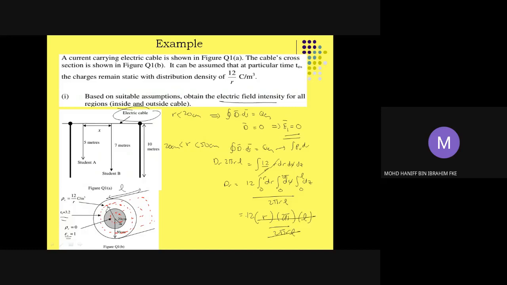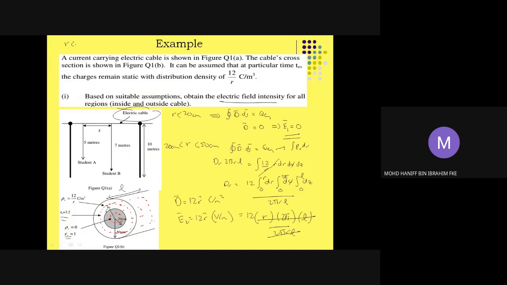We only have 12, which means the vector D will be 12 in the direction of r, coulombs per meter squared. Or we can just say E2 is 12 in the direction of r, volts per meter. So we have this electric field number 2, and I can put it here.